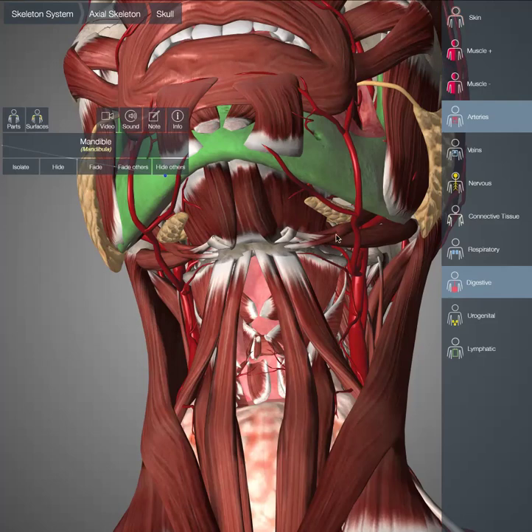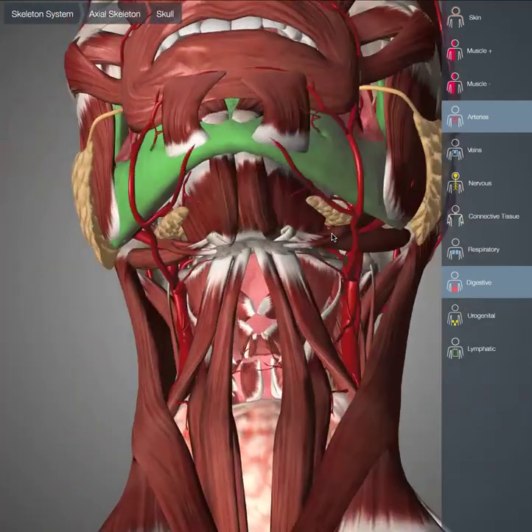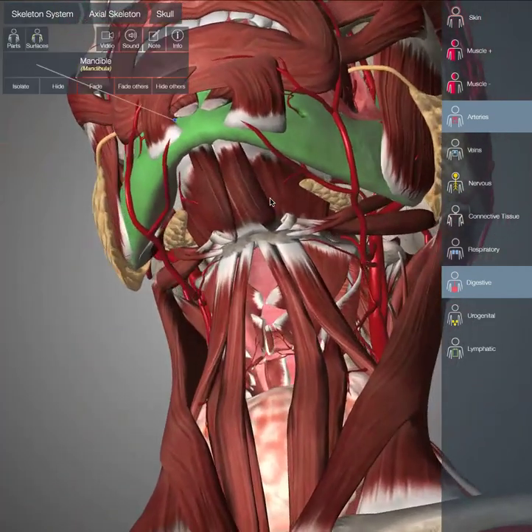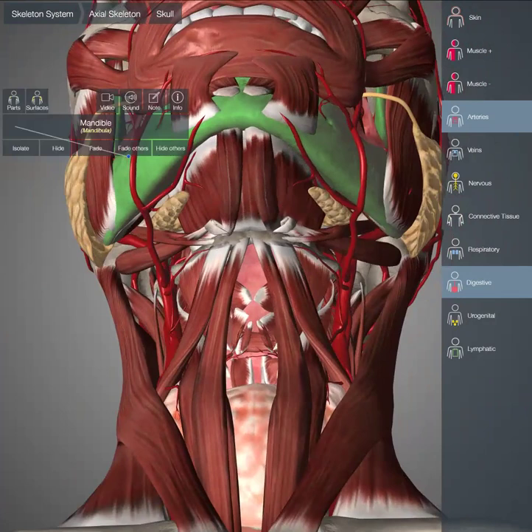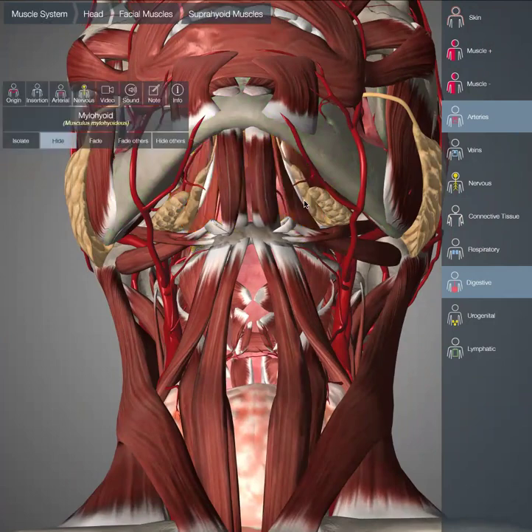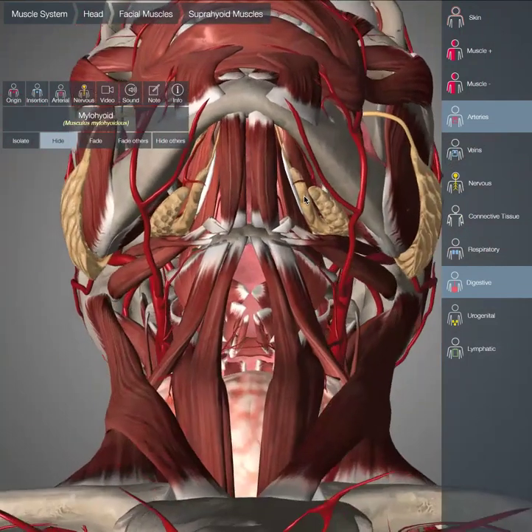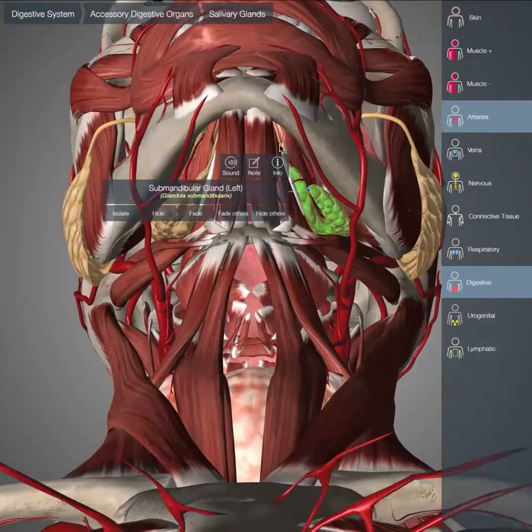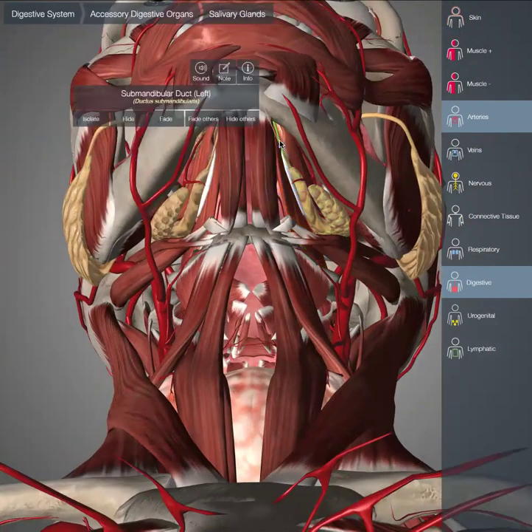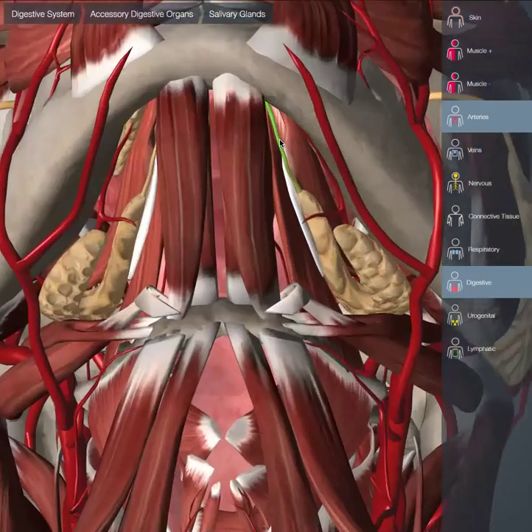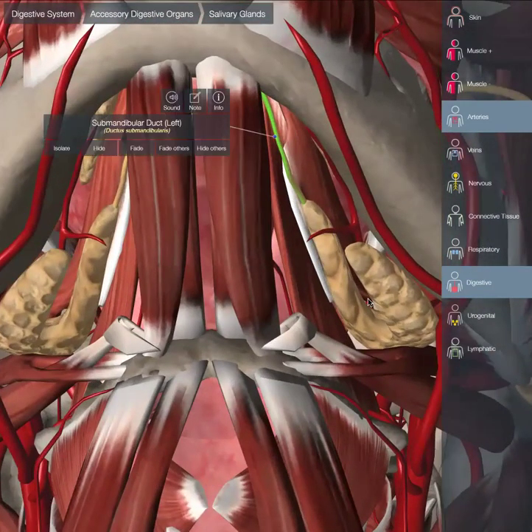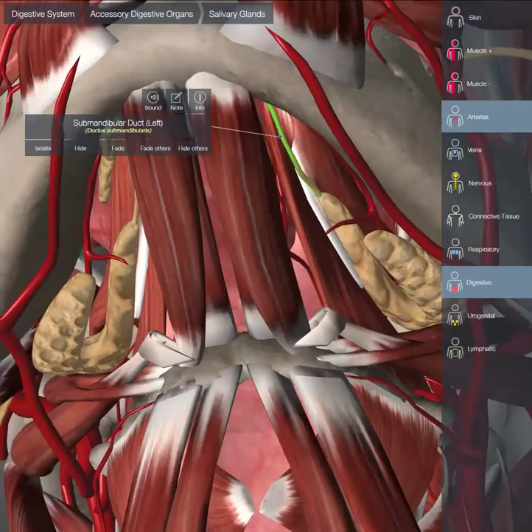And where's that one? Just give me a second. Yes, here. You can see also there's a submandibular duct.